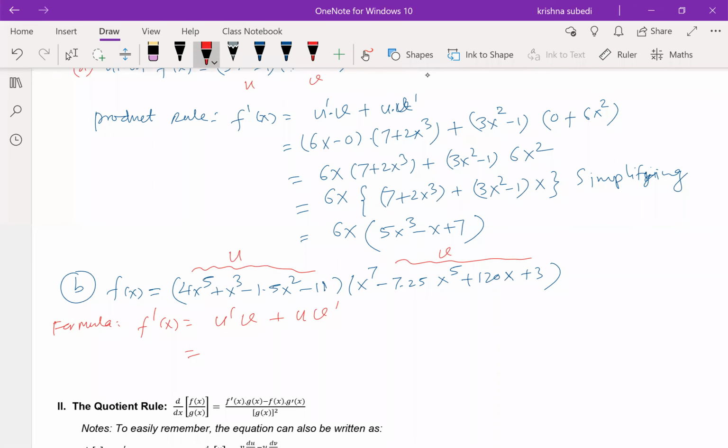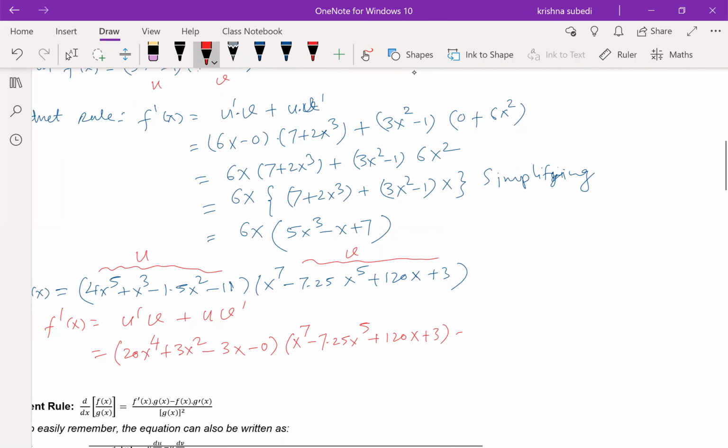So if you find the derivative of u, you're going to get 5 times 4 is 20x to the power 4 plus 3x squared minus 3x minus 0, and copy v, which is x to the power 7 minus 7.25x to the power 5 plus 120x plus 3.